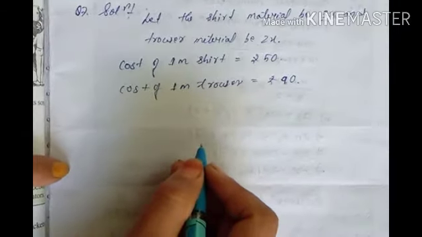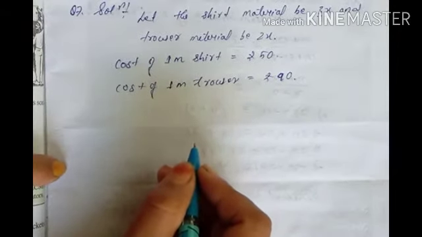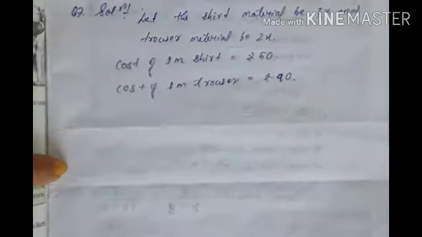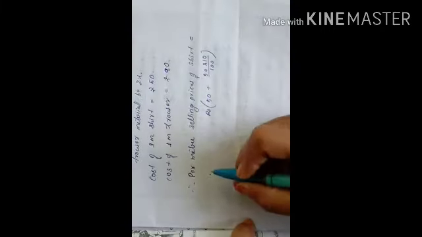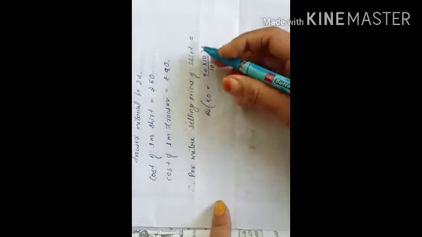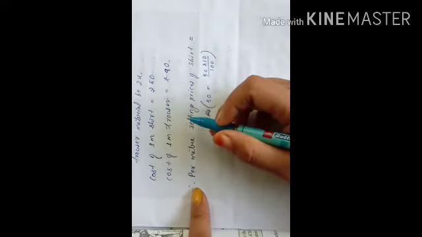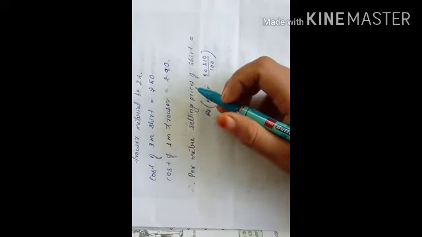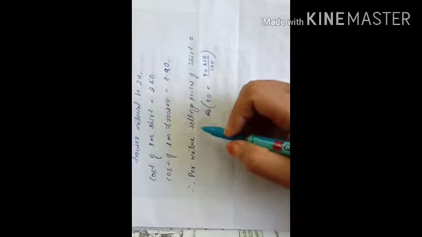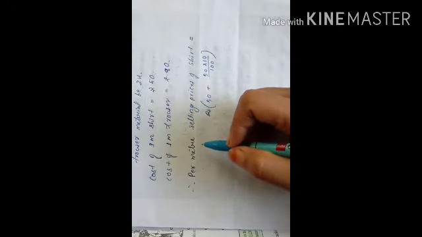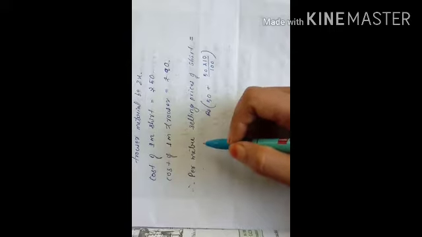Now their profit, how much profit they made will be, therefore per meter selling price of shirt, because they are selling in profit of how much? He sells the material at 12% and 10%, means for trouser they are selling for 10% profit, and for shirt material they are selling for 12% profit.